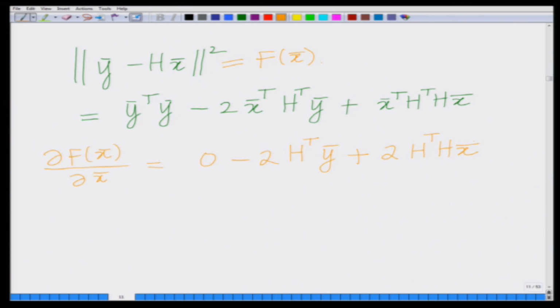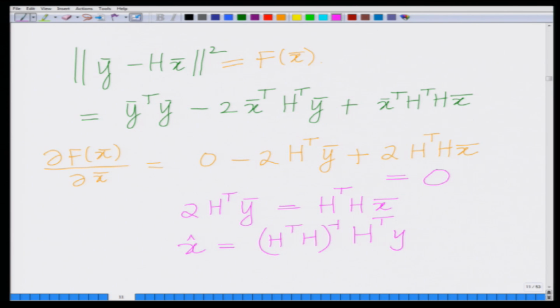Having differentiated, I set it equal to 0 to find the minimum. Therefore, H transpose y bar equals H transpose H x bar, which means the estimate x hat is equal to H transpose H inverse H transpose y bar.